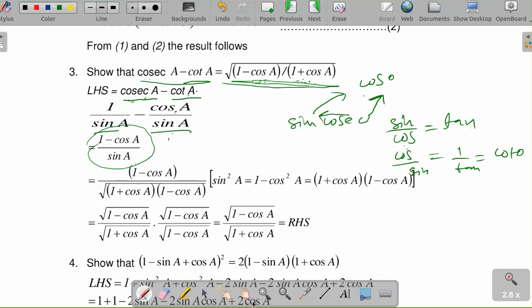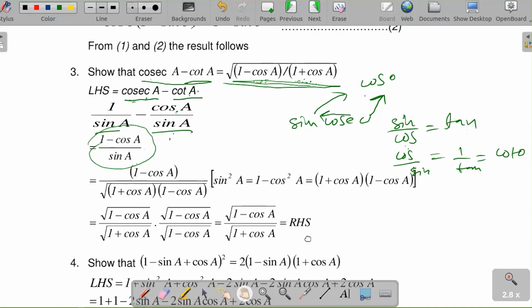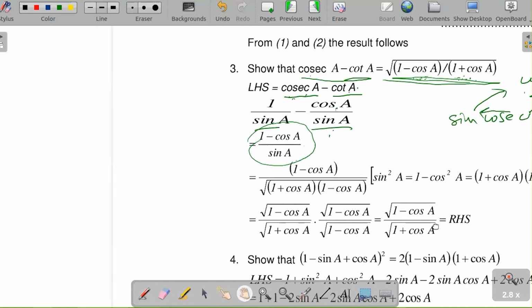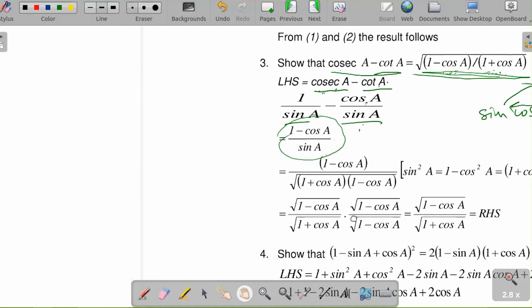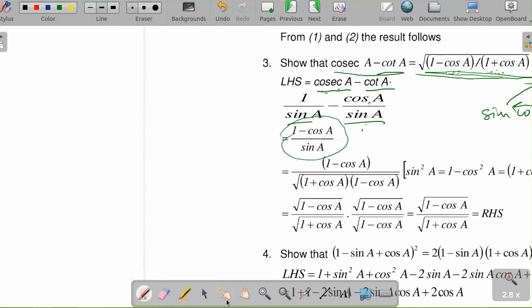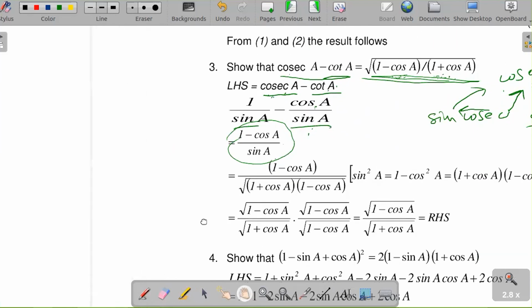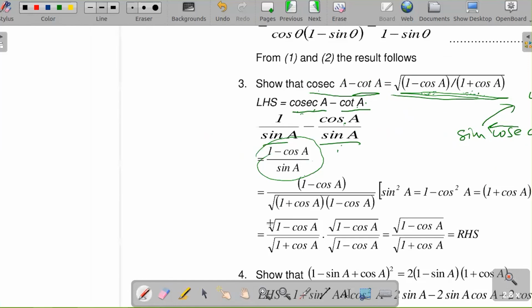I think from here I will do something different, otherwise we will not get it. I was using it up to here. We brought LHS is equal to 1 minus cos A by sine A. Now after that, we can do the same thing.